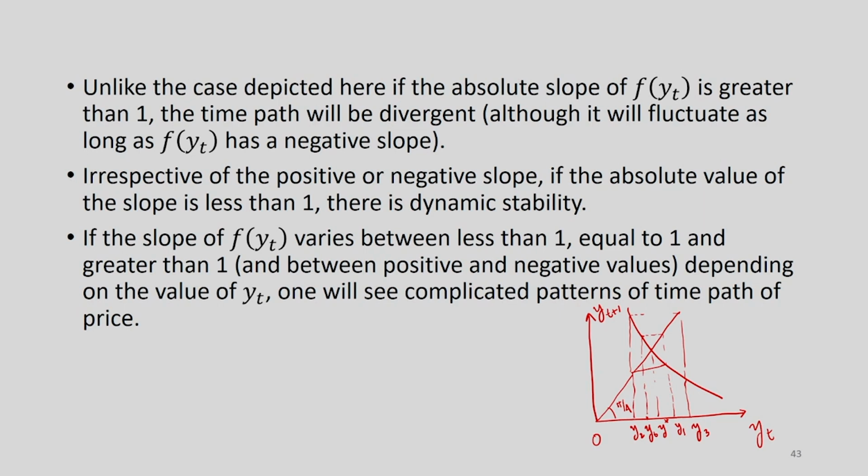It can be equal to 1, less than 1, greater than 1, and it can be positive and negative as well. Then we can have a really very complex pattern of time path of price. Okay. Just think about it in terms of a diagram.